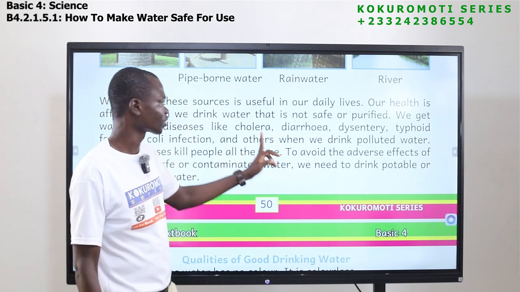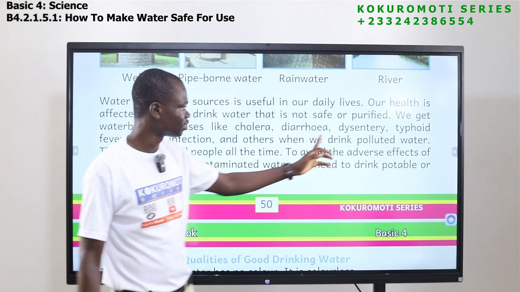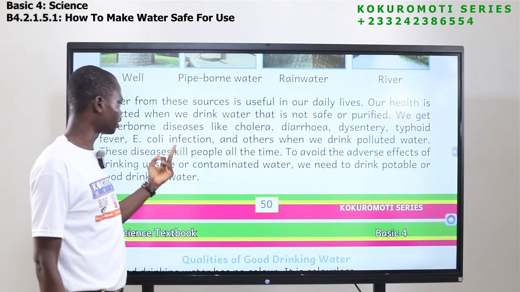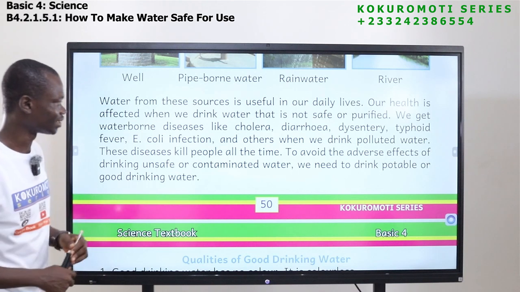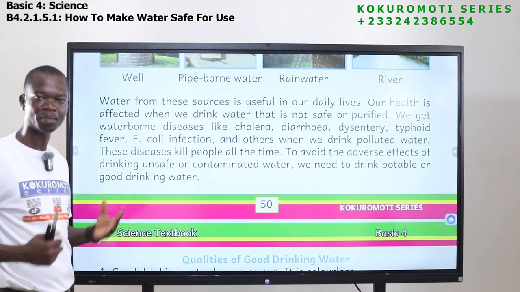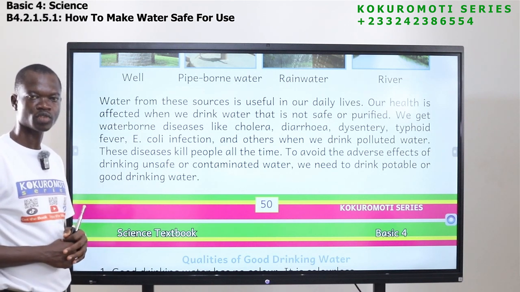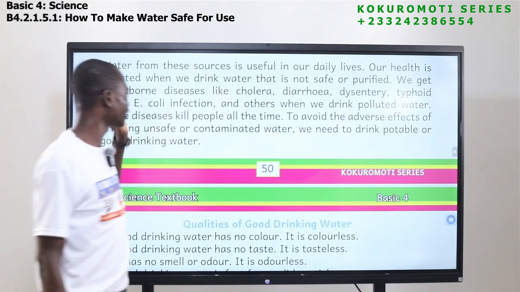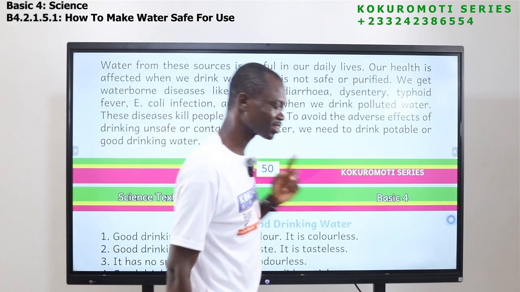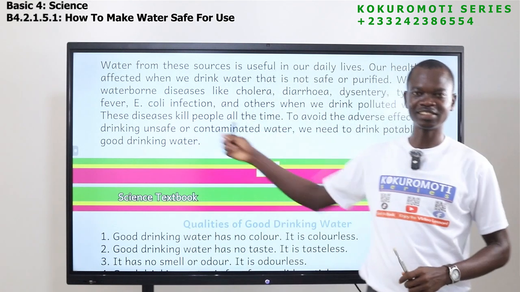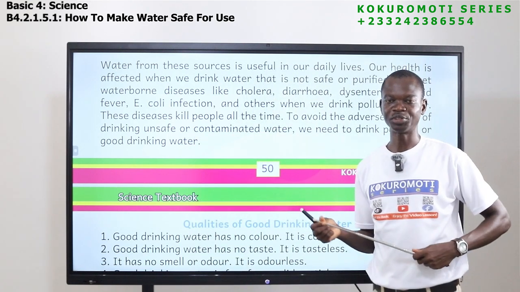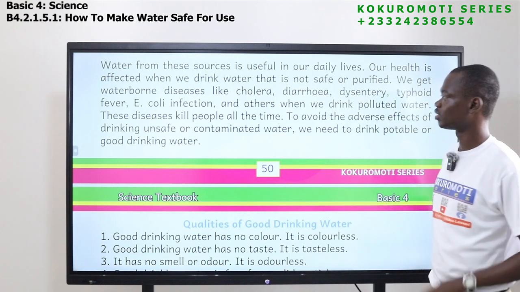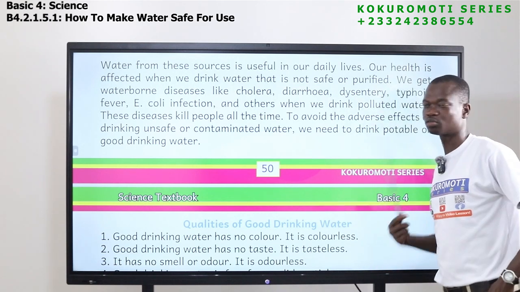Cholera is one, diarrhea another disease, dysentery another disease, typhoid fever, E. coli infection, and others are examples of waterborne diseases. Okay, so these diseases kill people all the time. Listen, don't think that if you get this disease, that is all. You can take medicine and other things to recover. If you are not careful, you will die.